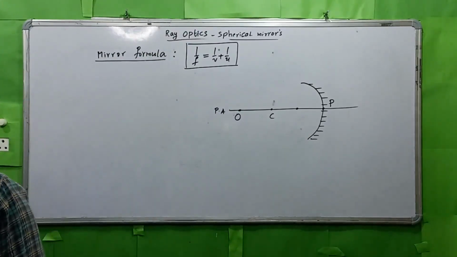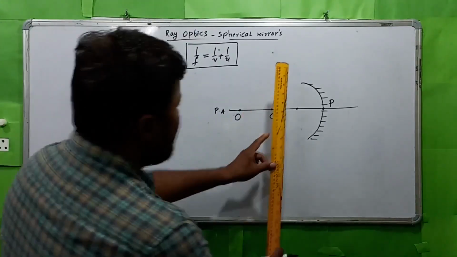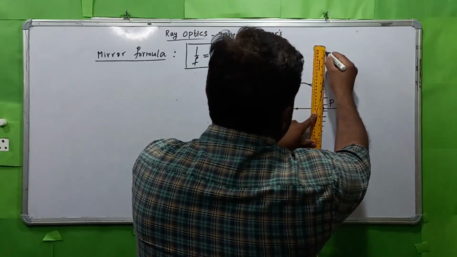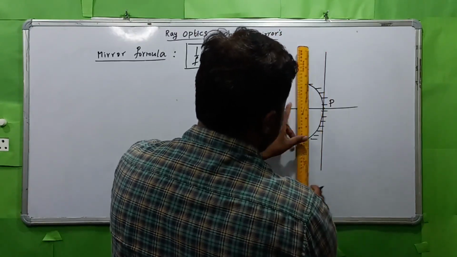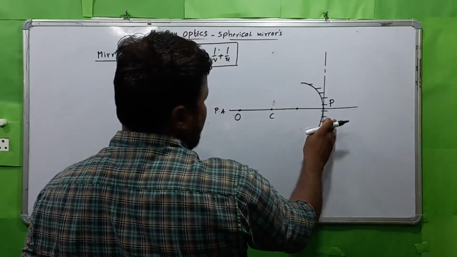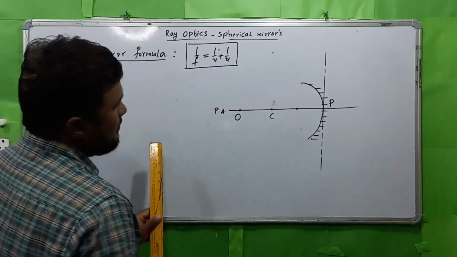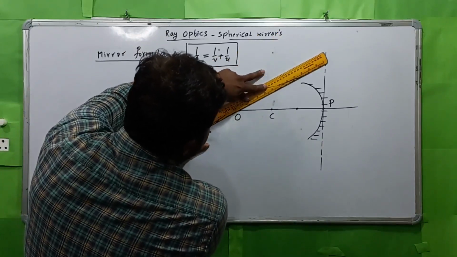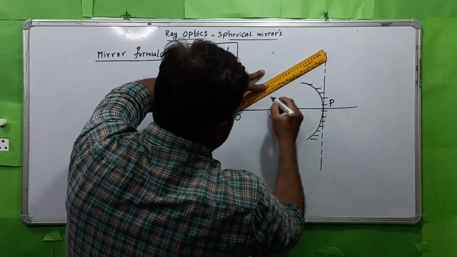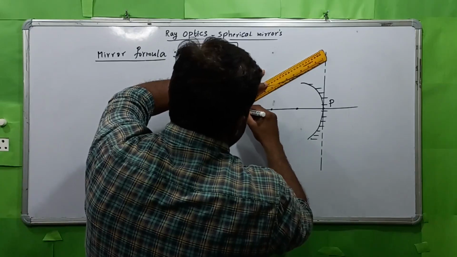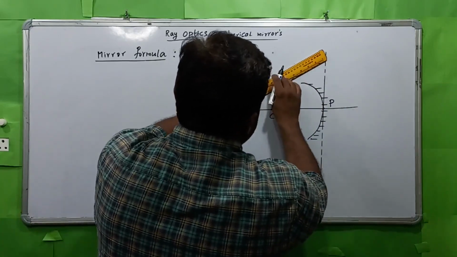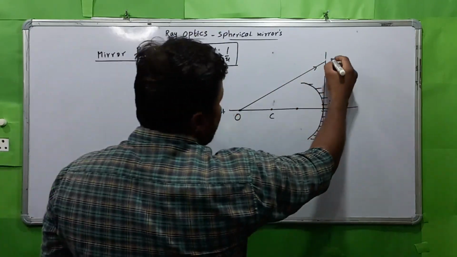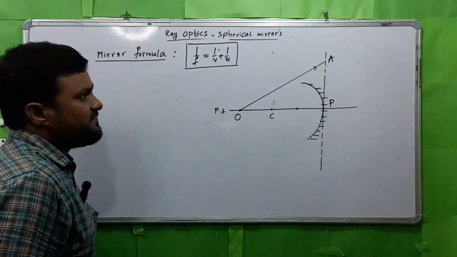We already know all distances are measured from the pole. You have to measure all distances from the pole, these dotted lines. If any light ray is incident on the mirror like this, as a result we can observe this is the incident ray, OA is the incident ray.